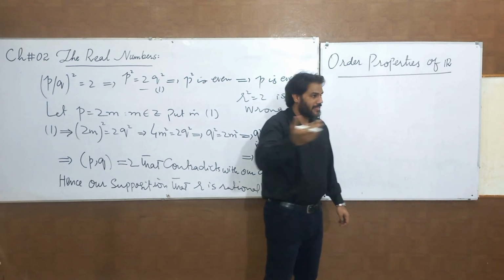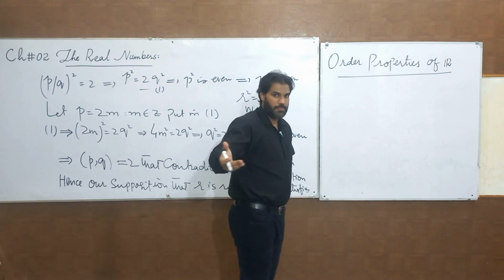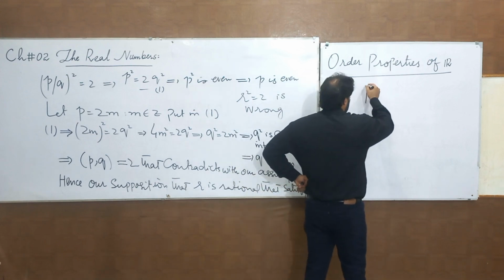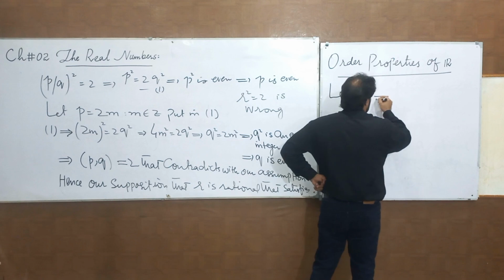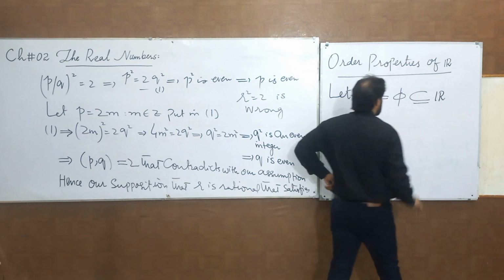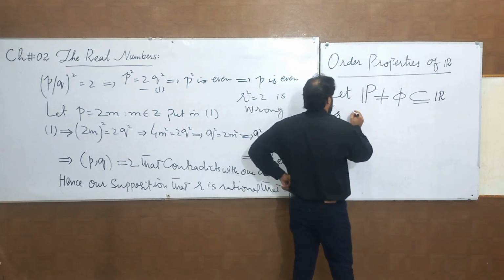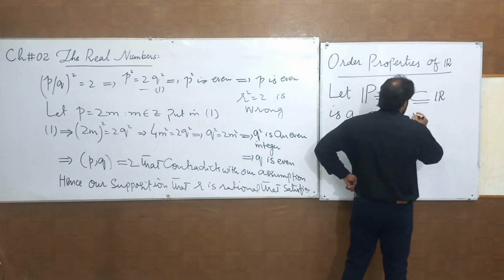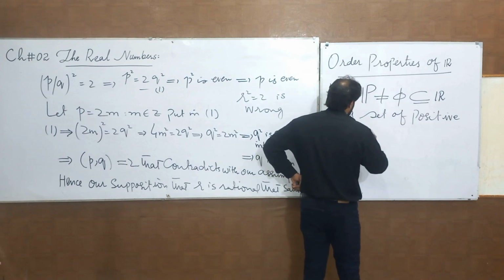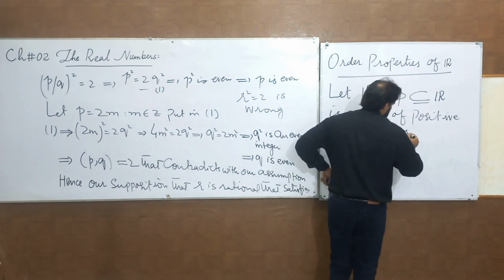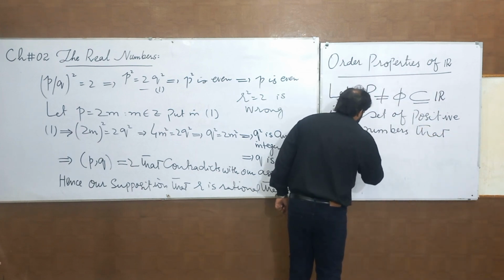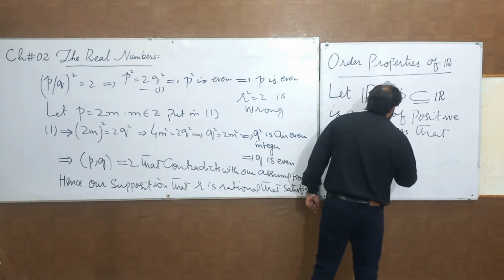Firstly, I am defining the set of positive real numbers P. Let this P be a non-empty subset of R, a set of positive real numbers that satisfy the following axioms.